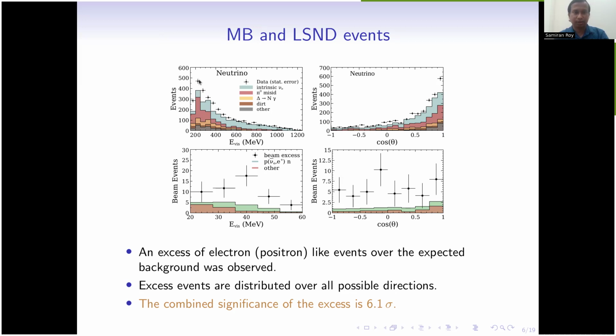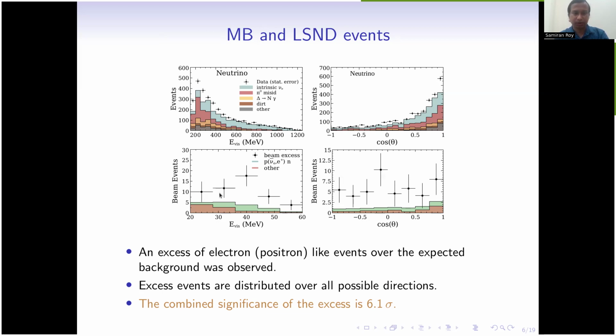We can see there is an excess of events up to 450 or 500 MeV, whereas the flux peaks around 800 MeV, and there is no excess in this region. This is the angular distribution of the events. We can see that there are excess events in the forward beam, and also there are excess events in the non-forward beam.